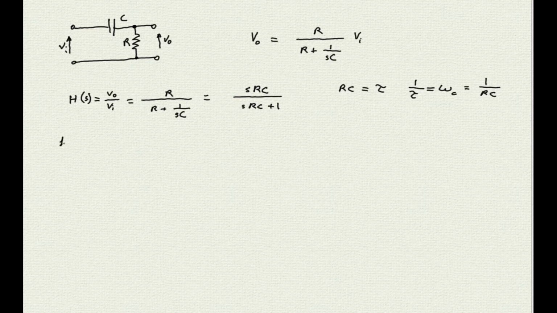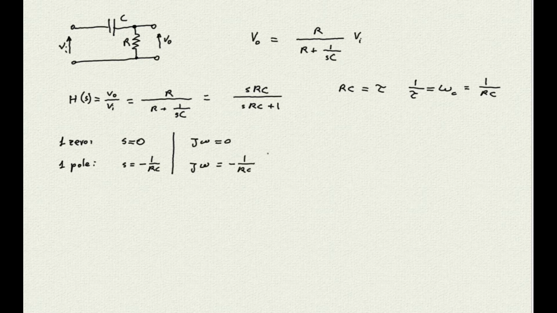The transfer function numerator, sRC, has in fact a zero at s equals 0. The denominator has one pole, s equals negative 1 over RC. Now, in order to study the steady-state functionality of this circuit, we can just replace s with its imaginary part, as we learned earlier. And so we can impose s equals j omega, which in turn translates our zero and pole into j omega equals 0 and j omega equals negative 1 over RC.